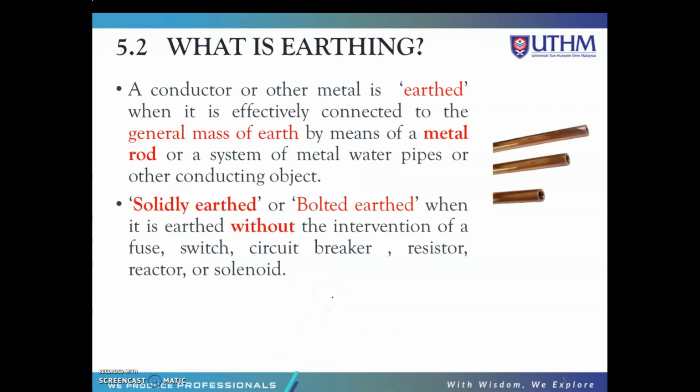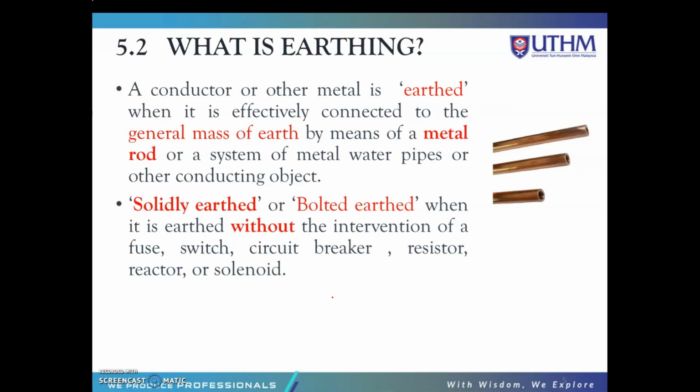So we go further. What is earthing? Physically, a conductor or other metal is earthed when it is effectively connected to the general mass of earth by means of a metal rod or a system of metal water pipes or other conducting object.